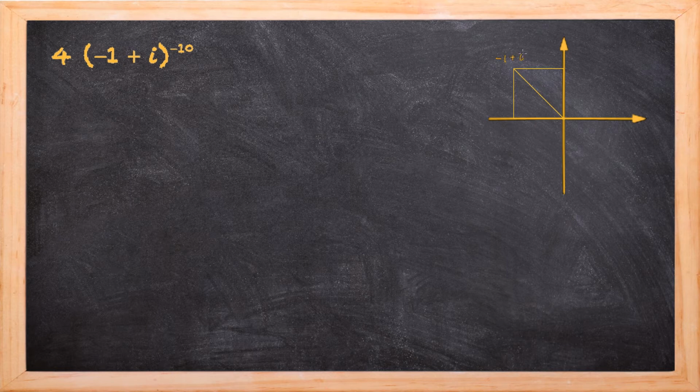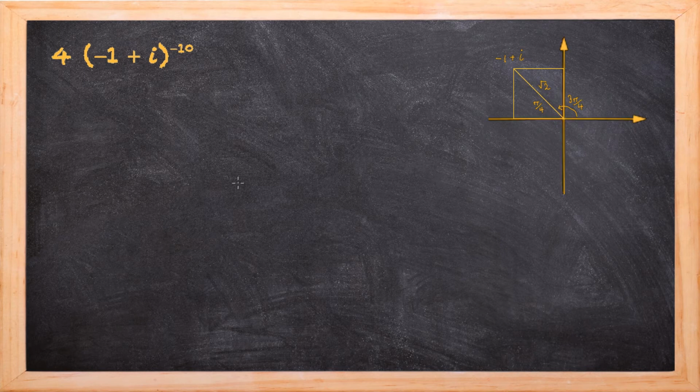There's the point that represents negative 1 plus i. So in this case, the amplitude is still root 2, modulus still root 2, but the argument is 3 lots of pi upon 4. It's a second quadrant angle there.